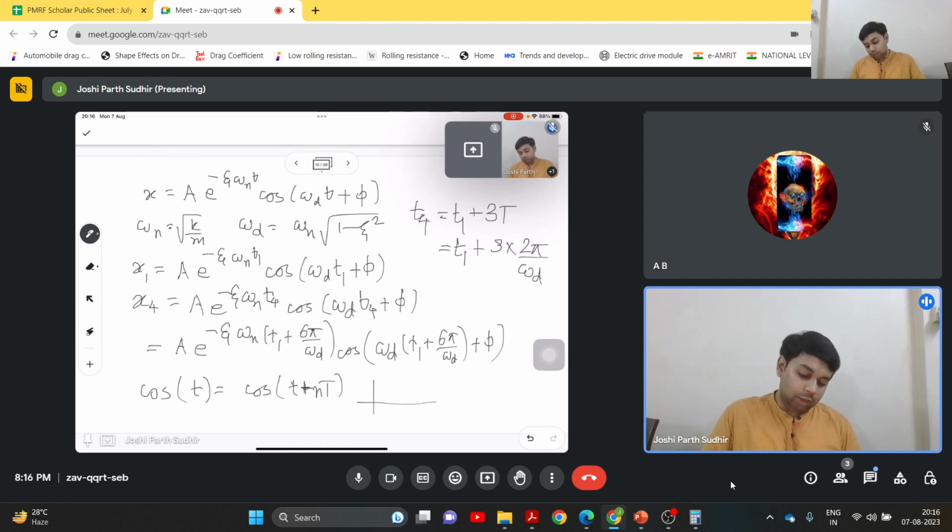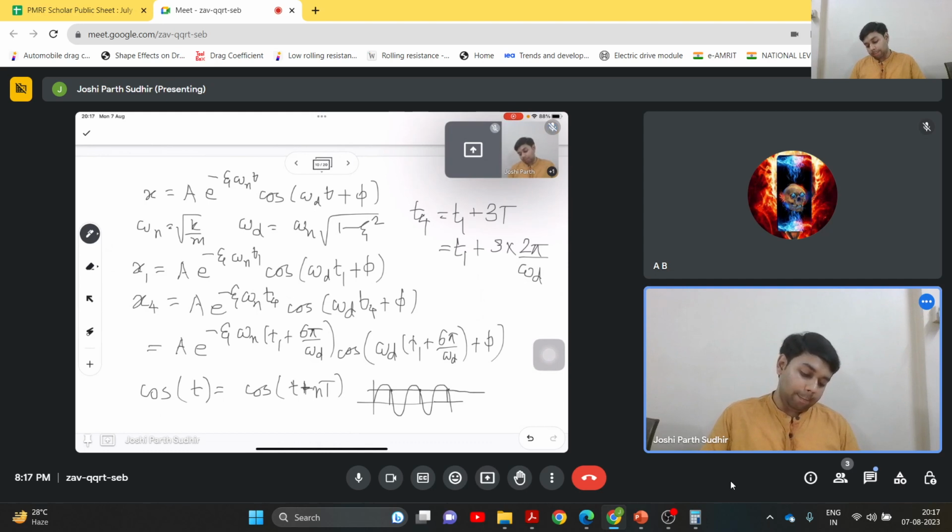So basically, if I mark this point, after one cycle it will be here, and after one more cycle it will be here. This value will remain the same after every complete cycle. So here we can apply that same concept.